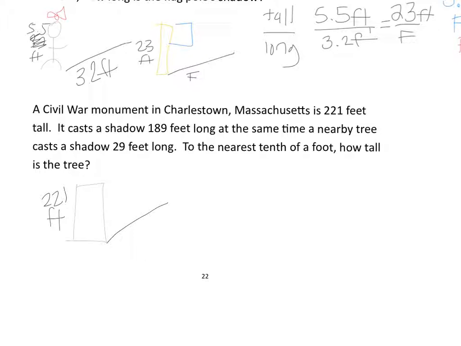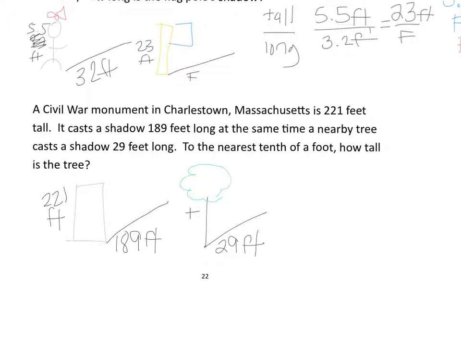It casts a shadow 189 feet long. At the same time, a nearby tree casts a shadow 29 feet long. To the nearest tenth of a foot, how tall is the tree?